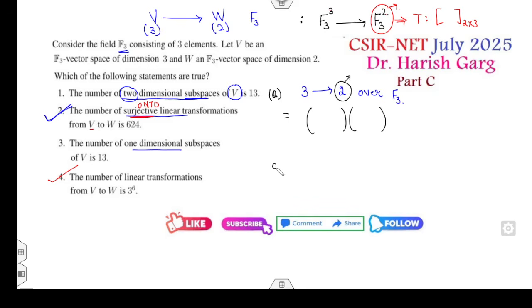But if you look at the third option, they are talking about the one-dimensional subspaces of V. The dimension of V is 3, and the subspace dimension is 1 over the field F3. Because it is 1, you have to write only 1 time. Right? Now how can you write that? The dimension is 3. So 3 power 3, minus 3 power 0 or 3 power 1, divided by 3 power 2 minus 1.